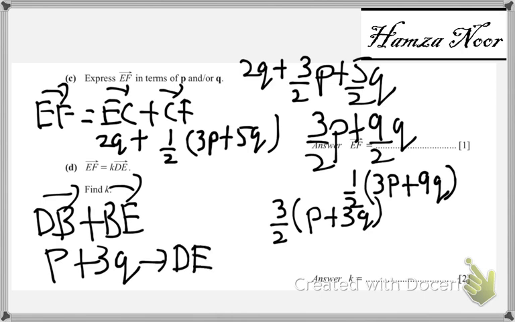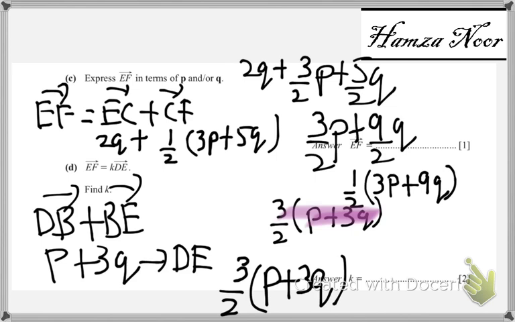And the EF vector, here it is. So EF is equal to k times DE. So 3 over 2 multiplied by P plus 3q is equal to k times P plus 3q.